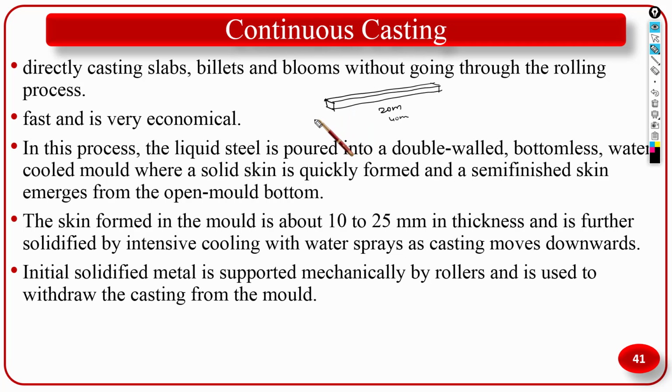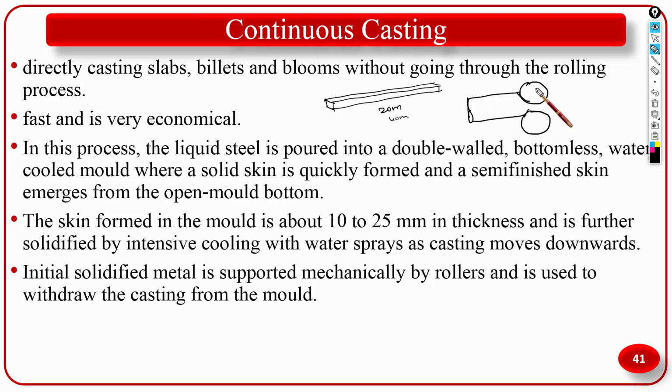You know that these bars are produced by a rolling operation, not forging, rolling. So 2 rollers will be there, and this is the metal. Let's suppose this is in a cylindrical shape and we want this kind of shape.